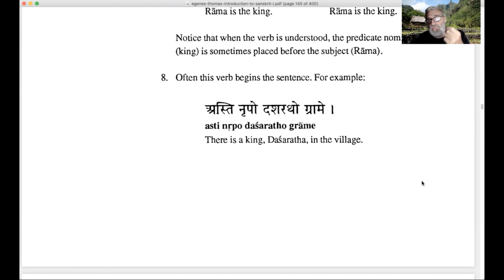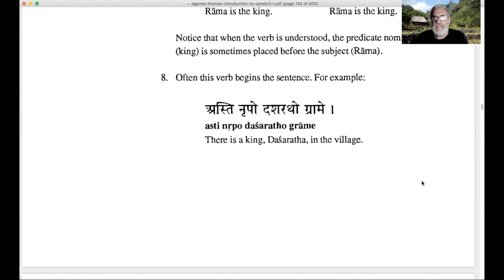It's locative singular. It means in the village. So there is a king Dasaratha in the village. We can also say there is a king, or there is King Dasaratha in the village.